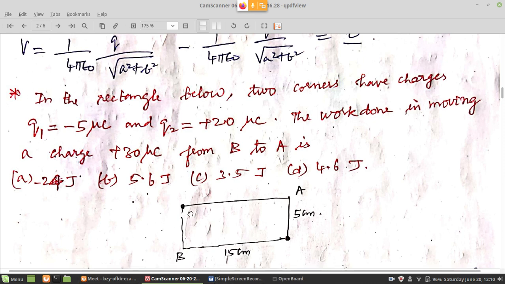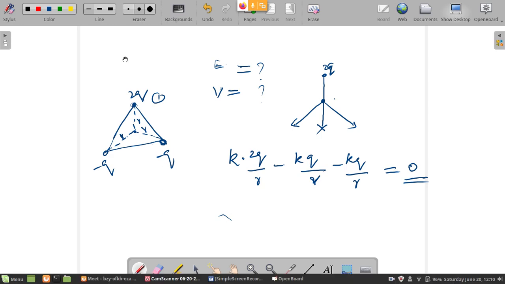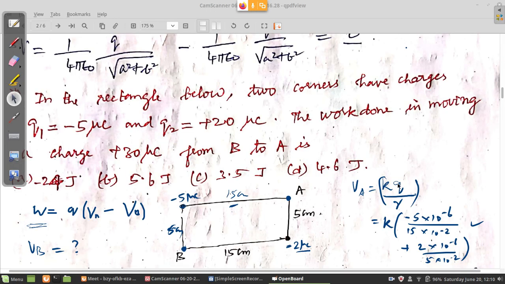See, there are two charges, right? One is minus 5 and the other one is plus 2, right? So you have to include both. See this, minus 5 into 10 power minus 6 plus 2 into 10 power minus 6. So LCM is 15 into 10 power minus 2. So you will get minus 5 into 10 power minus 6 plus 3 times 2, because 5 is there in the denominator. So 3 times 2 is 6 into 10 power minus 6.